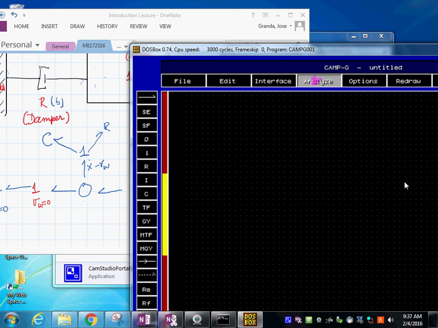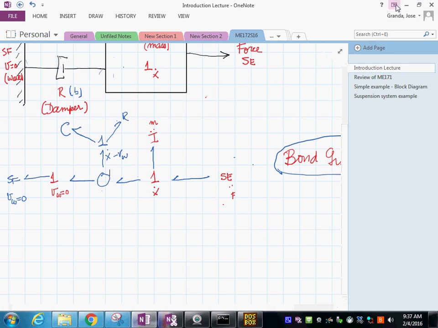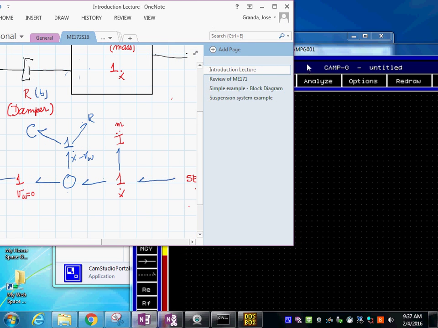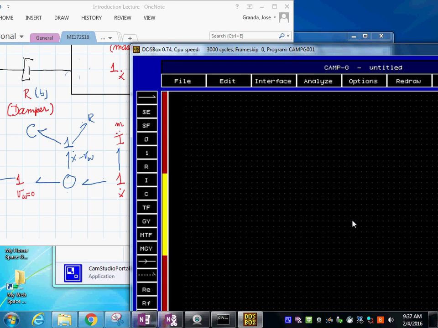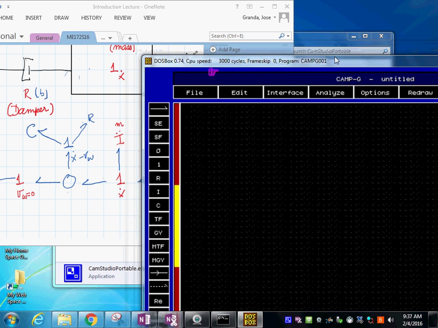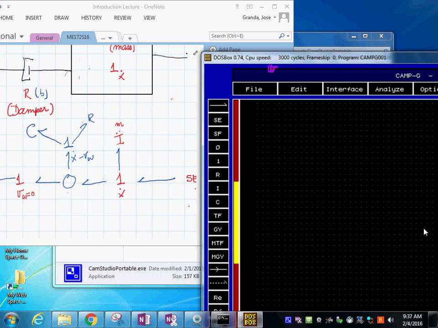Let me just move this one up and the other one has to be down. There we go. We have plenty of space in there.